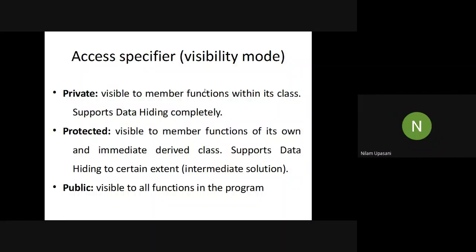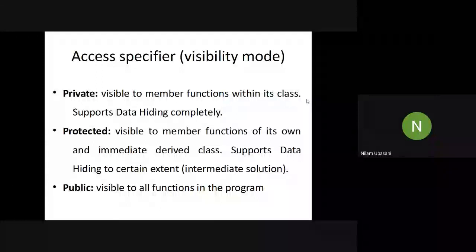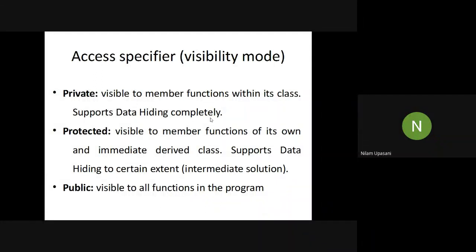This is just the access specifier point of view. We are revising this. Public is what? Visible to all functions in the program. हर एक function मतलब outside world को जो visible है, that is called public.